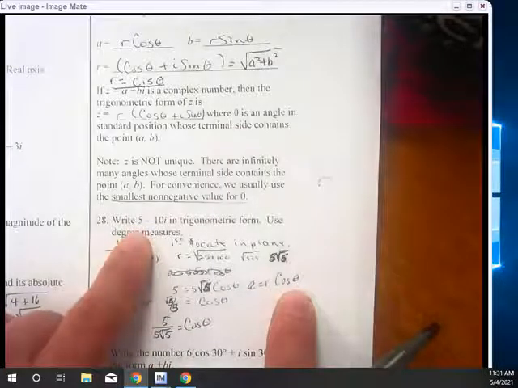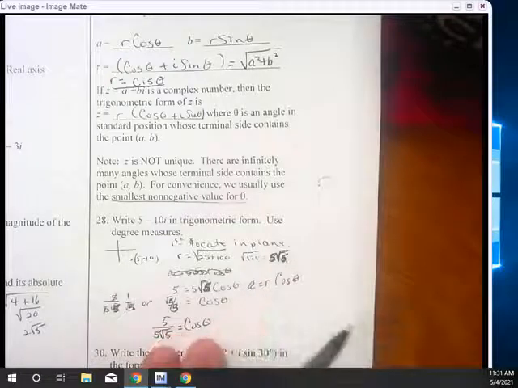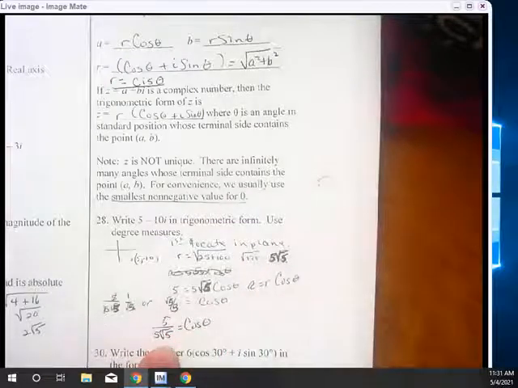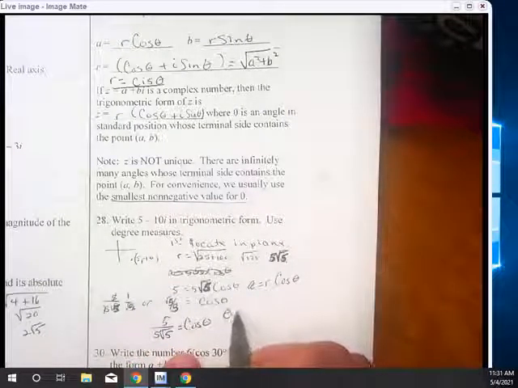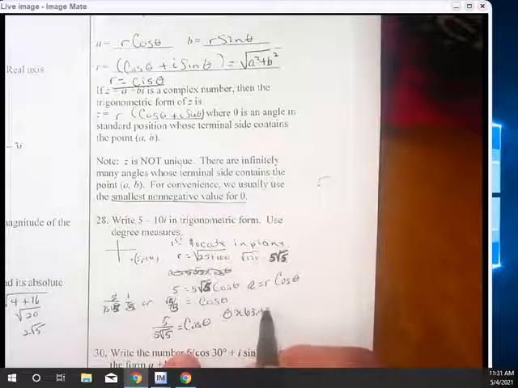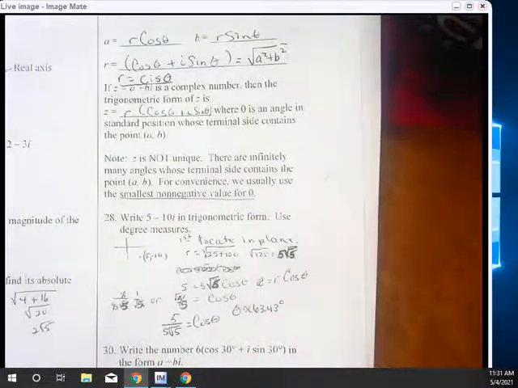Oh, okay. Then I'm going to solve this problem to get my first one. Gotcha. And when I do the arc cosine, then theta is roughly 63.43 degrees. Oh, so you're finding the angle. Gotcha.